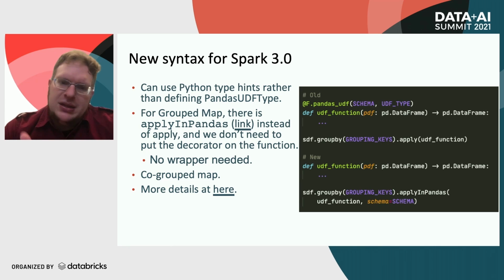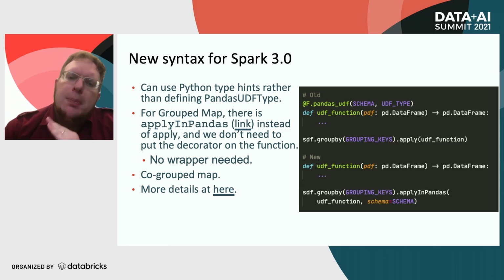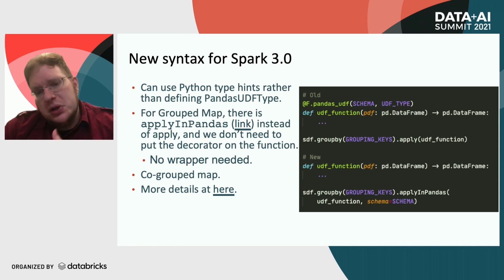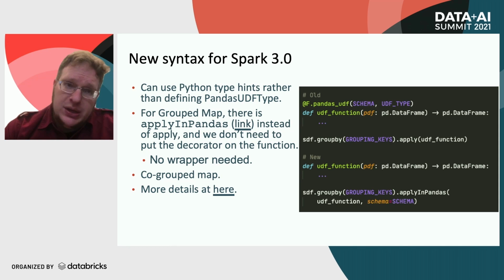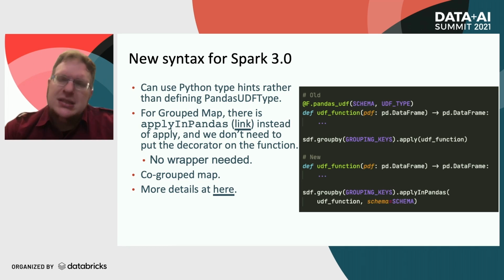It just has a pandas data frame input, a pandas data frame output, and instead of calling groupby apply, I call groupby applyInPandas. I give it the function, and I define the schema there. This works for both the PandasUDF grouped map and the PandasUDF co-grouped map, and I find this is helpful. It simplifies my code a little bit more.